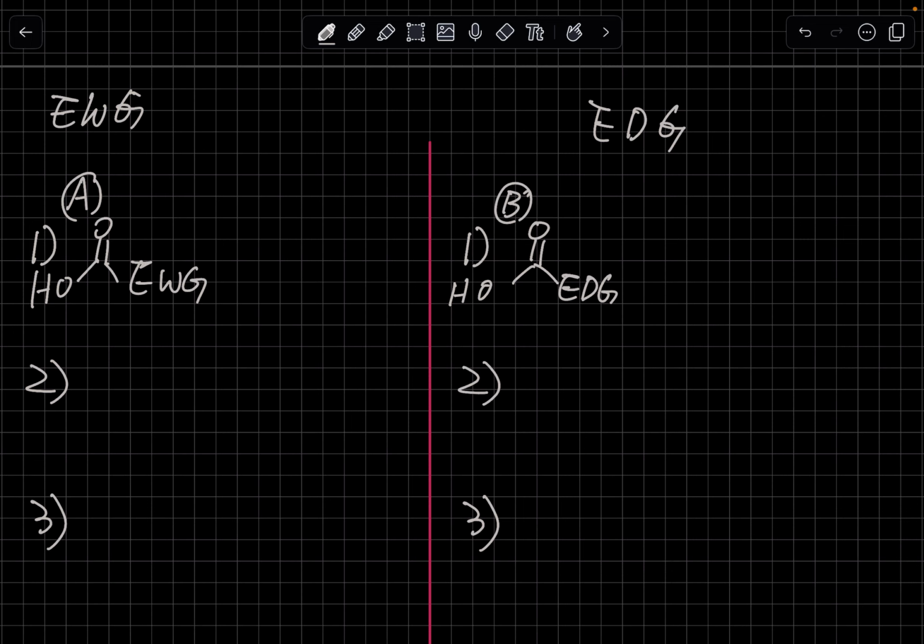Or I could say, which has a lower pKa? It's the same thing. The MCAT prefers to be less straightforward. It might ask you which one has a lower pKa, but it's asking you which has more acidity.